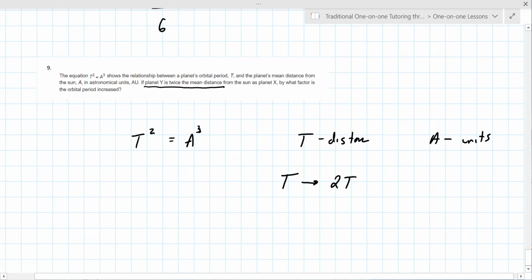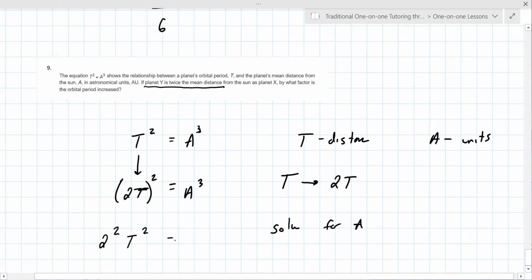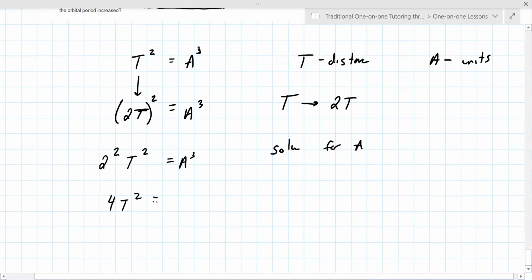So all you're doing here is putting 2t in for t, squaring it, and now solving this for a. So it looks more complicated. You have to square 2 and square t, so you get 4t squared equals a cubed.